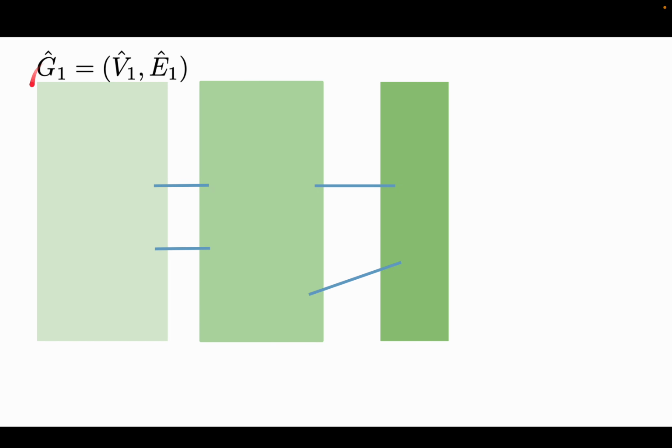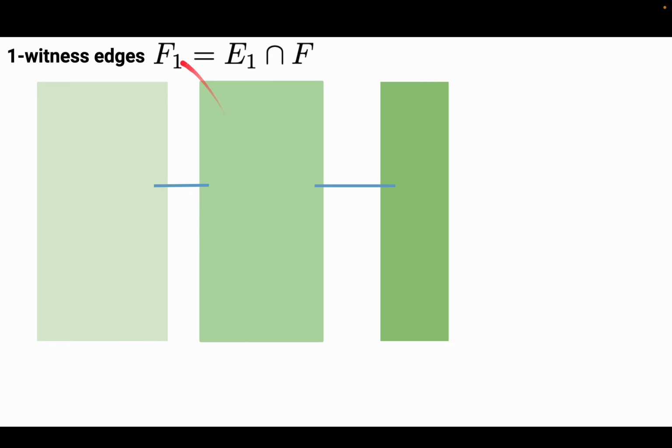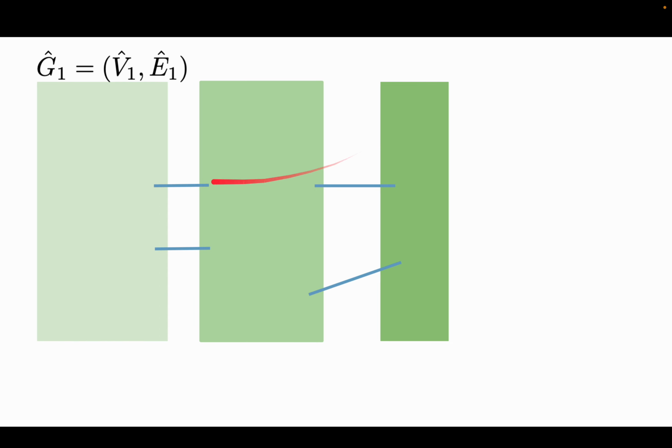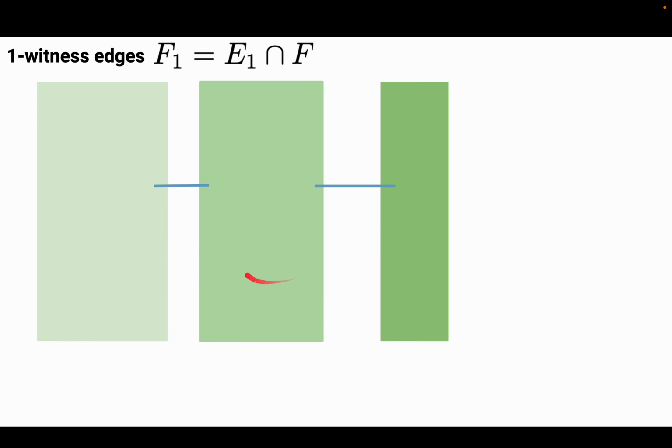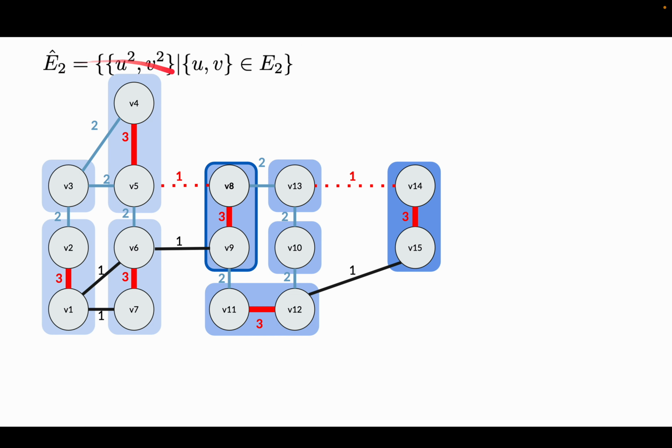So we can just define G1 hat as a graph of super vertices. And if we only consider edges that are in the spanning tree, so we take E1 and intersect it with the spanning tree, we can get a spanning forest of G1 hat. So these are just definitions. Similarly, E2 is the set of edges with a depth of 2.